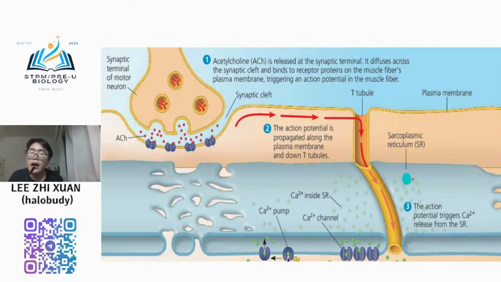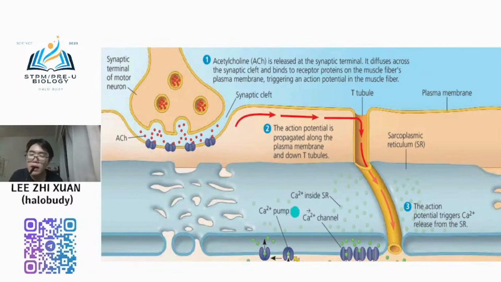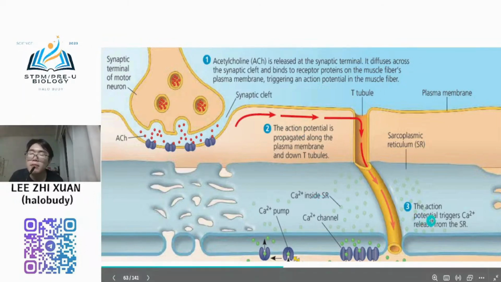In Sem 1 you may have seen this term, so you know that this plays a role in muscle contraction, especially in triggering the release of calcium ions. It stores many calcium ions within your muscle tissue, and once it receives the action potential from the plasma membrane of the muscle tissue, the calcium ions are released out from the sarcoplasmic reticulum.